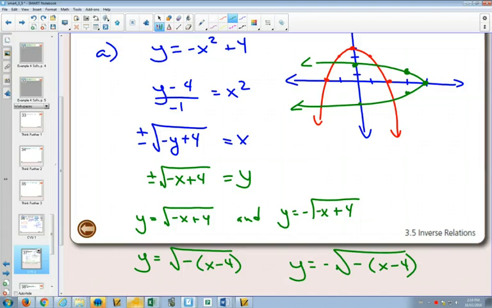Now I graphed the green one by looking at my two equations. You could have also graphed your green one by looking at your original graph. Notice you have the point 0, 4. If you switch x and y, you're going to have 4, 0.